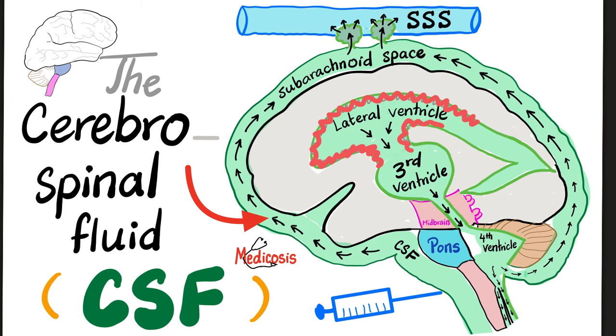So this is to answer the question, who made the cerebrospinal fluid? Okay, but who's gonna drain the cerebrospinal fluid? And the answer is a bunch of arachnoid granulations, which will drain the cerebrospinal fluid from the subarachnoid space to big veins known as dural venous sinuses, such as the superior sagittal sinus.